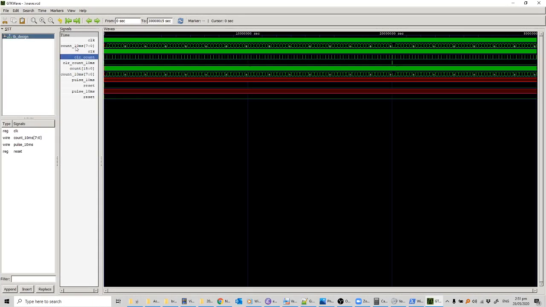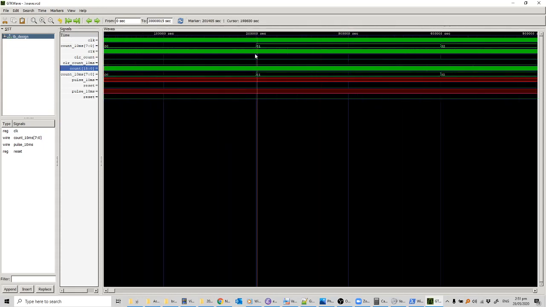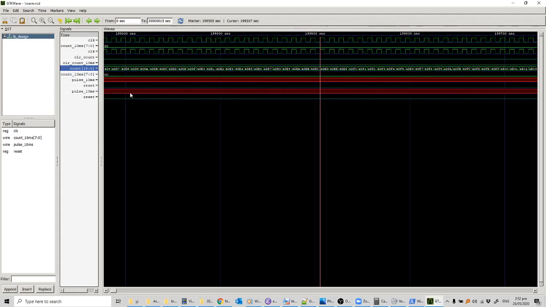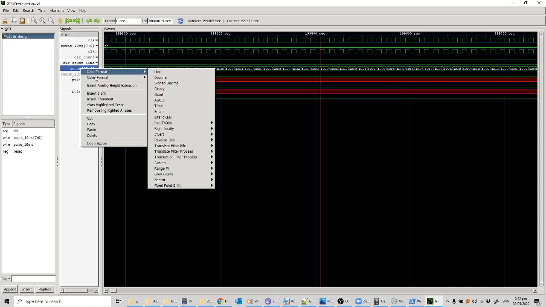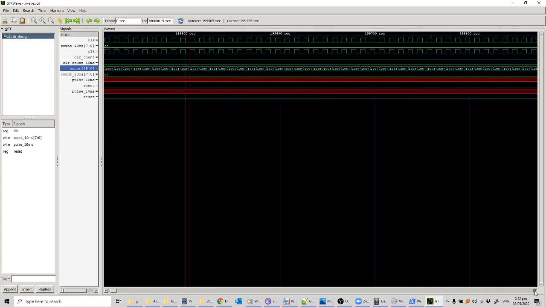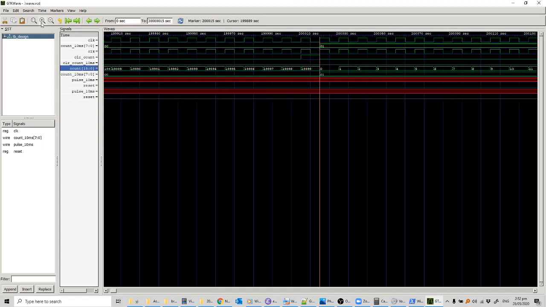Here we can see that the clock is running, and here is our main counter. If I zoom in on the first transition here, you can see that the count value goes, maybe I should view it in decimal, when it goes from 0 to 1, the count value is 19,999.